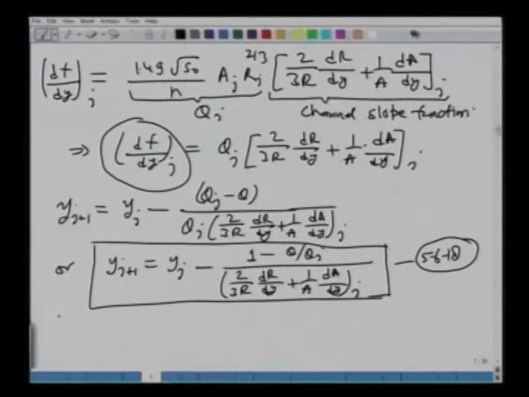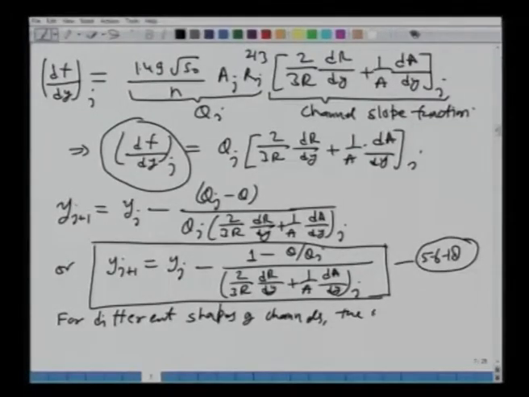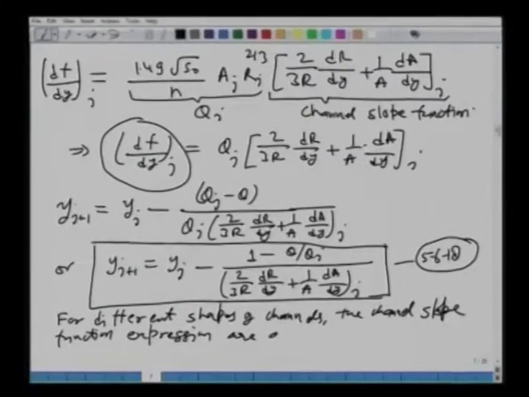So, for different shapes of channels, the channel slope function expressions, or the equations actually, are available in standard tables.